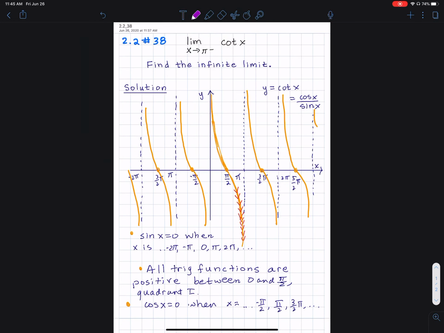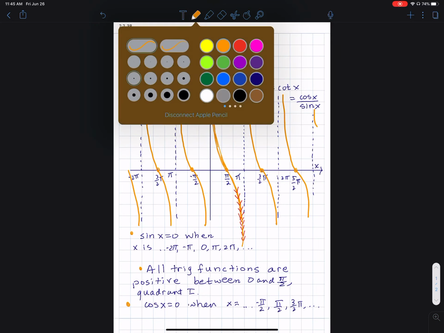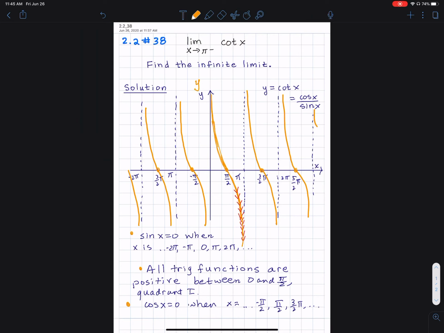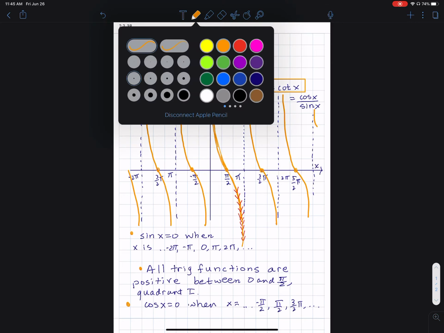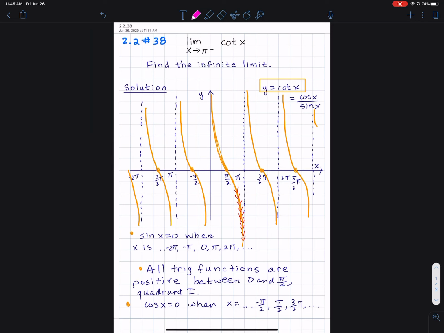All right, so let's come back to this over here. What can we say about cotangent? Anyway, this is the cotangent graph. I better write that down too. y equals cotangent x. Okay, so then let's pick a bright color for our answer. What's the answer? x is approaching pi from the left.